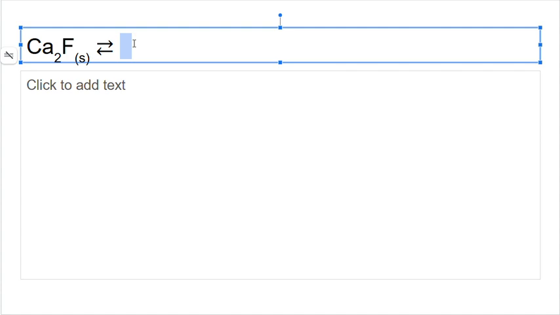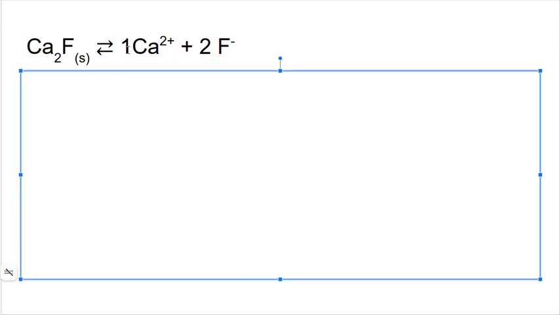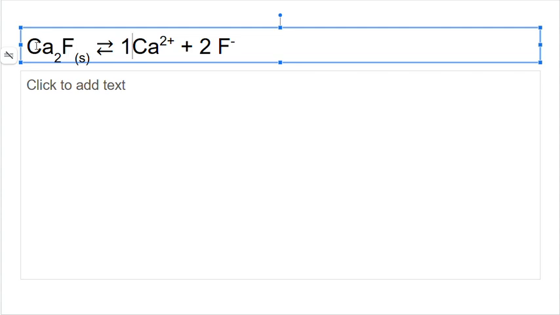So we've got CaF2 going to one Ca2+, and that 2+ is just to indicate that it's an ion, plus 2F-, and the minus is also just indicating that it's negative. So once again, we have one thing breaking down.